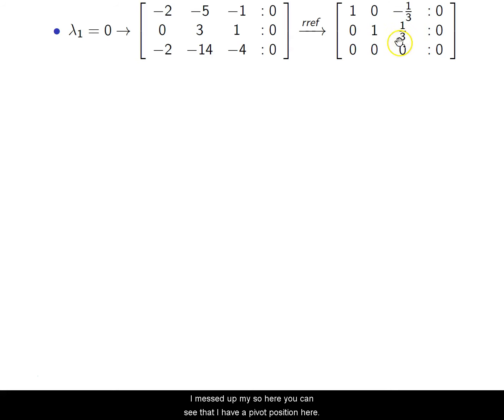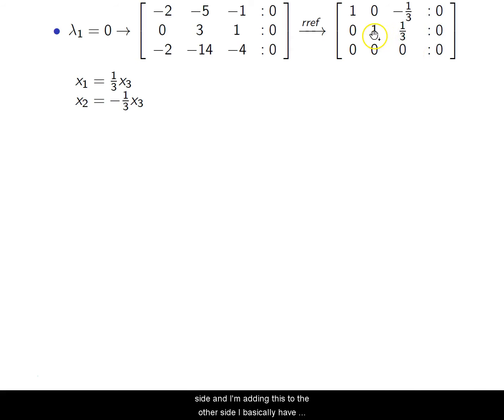So here you can see that I have a pivot position here, pivot position here. There's no pivot position here, right? Also, you can see that this is an entire row of zeros. So if I solve this out, remember this is the equal sign, so I'm adding this to one side and I'm adding this to the other side.